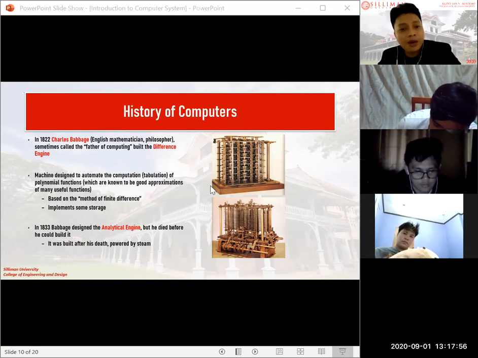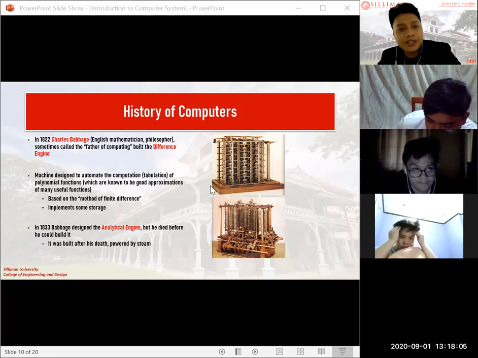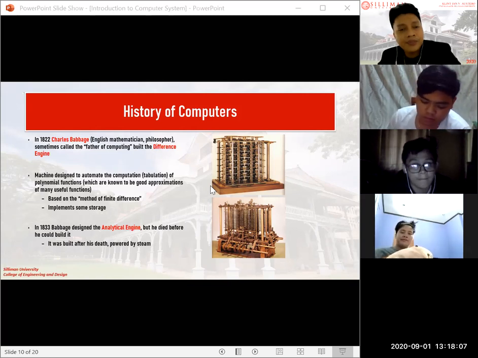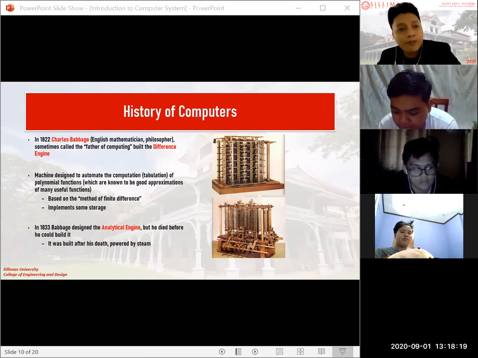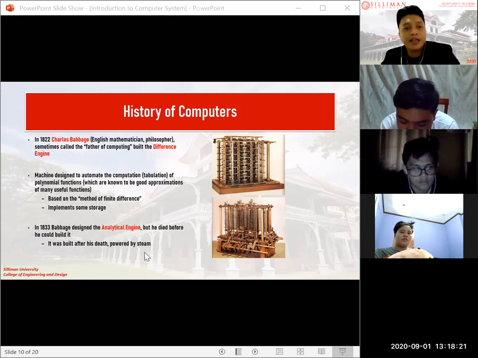The first programmer was a love interest of Charles Babbage, named Ada Byron. She is the first computer programmer, and she made some sort of program for the analytical engine.